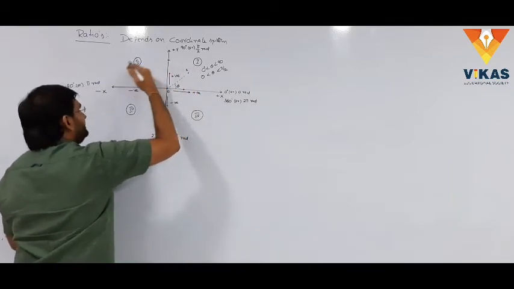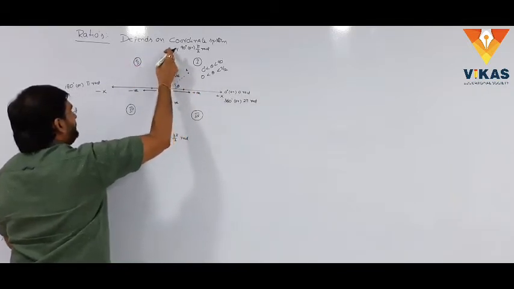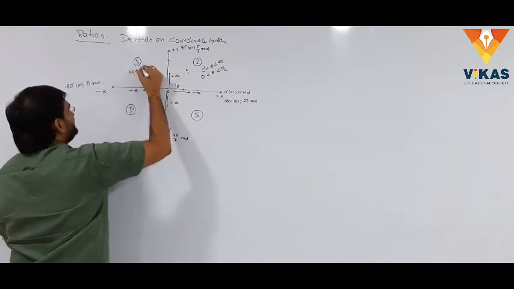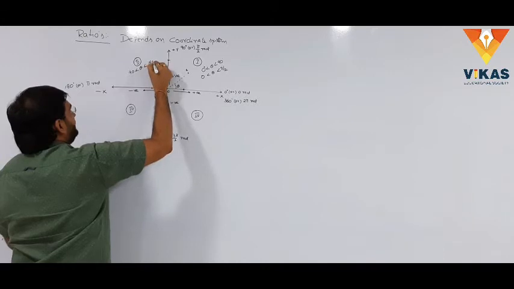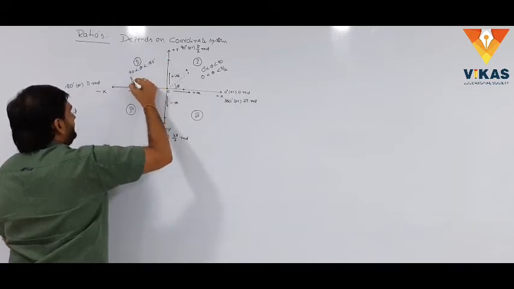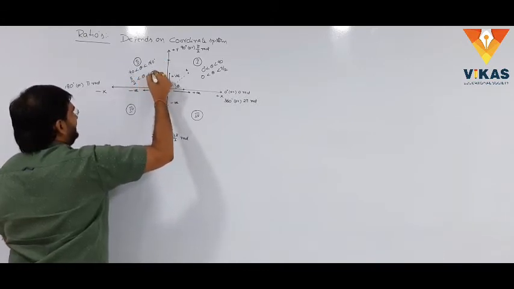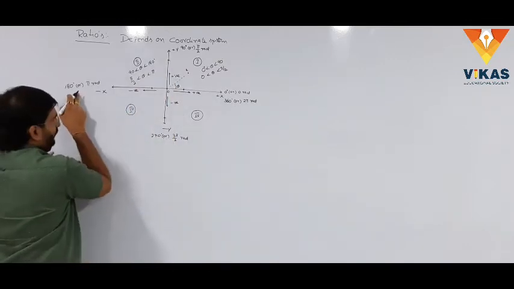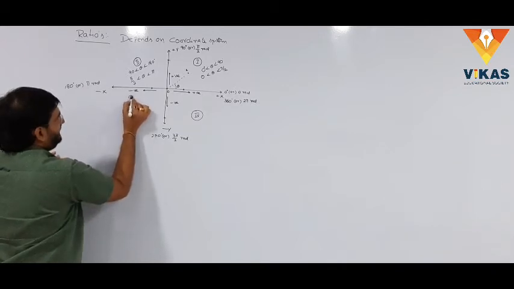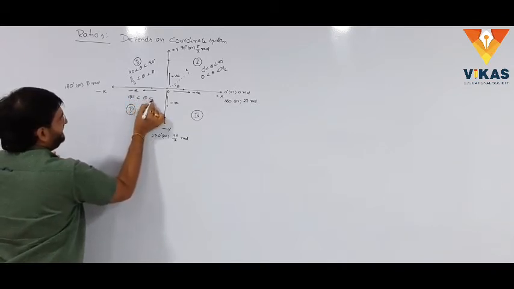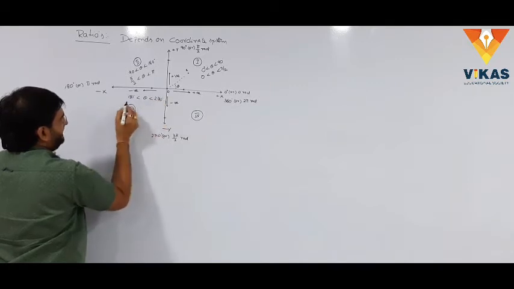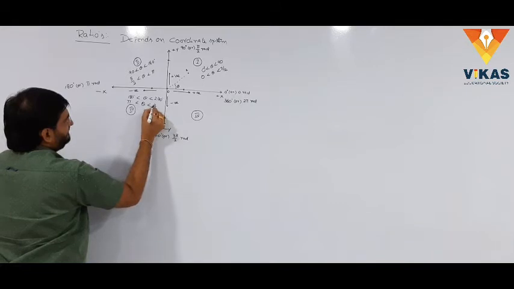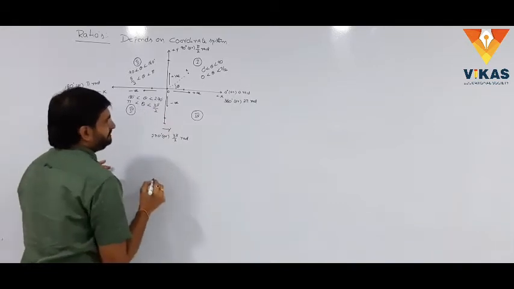Similarly, the second quadrant is between 90 degrees and 180 degrees: 90 degrees is less than theta, which is less than 180 degrees, or pi by 2 radian is less than theta, which is less than pi radians. In the third quadrant, between 180 and 270, 180 degrees is less than theta, which is less than 270 degrees, or pi is less than theta, which is less than 3 pi by 2 radians.